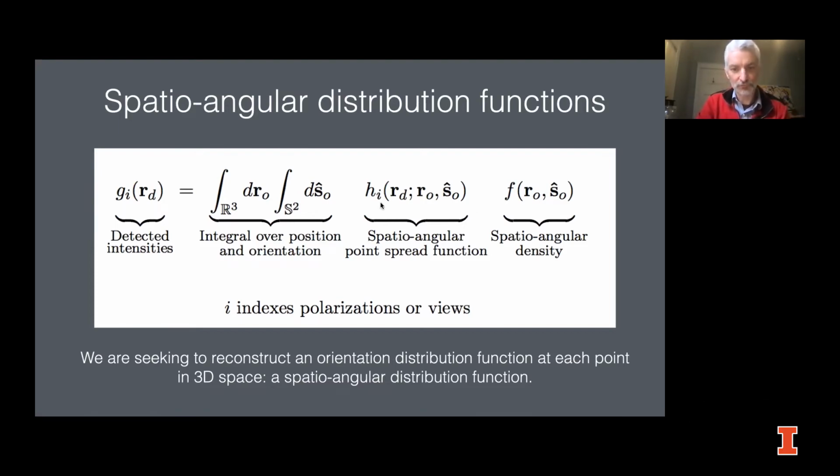And the physics and the image science really comes in this kernel, this spatio-angular point spread function. And so this is basically telling us, if we put a point source, a delta function at R_0 that has a particular orientation S_0, also a sort of a delta function on the sphere, this H_I is what does our data look like?